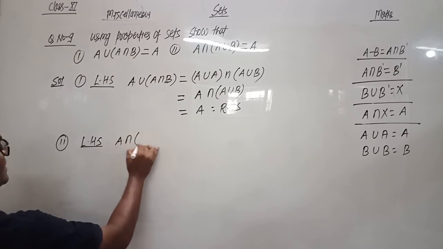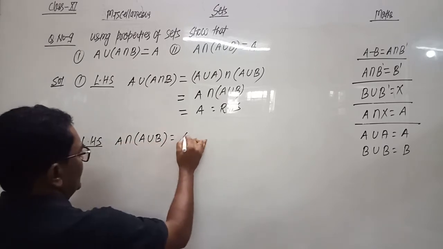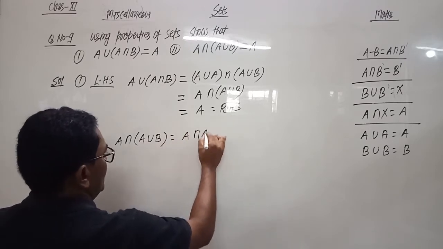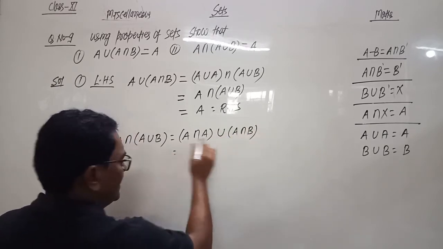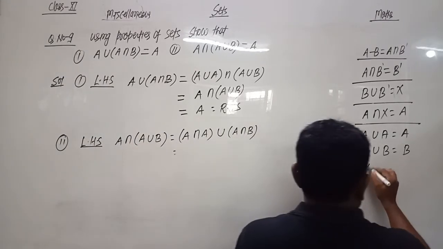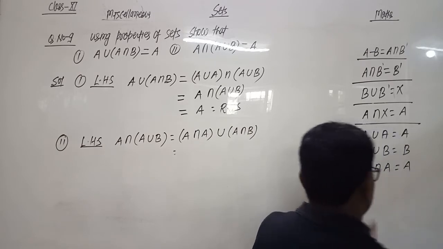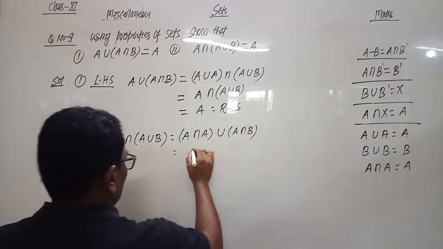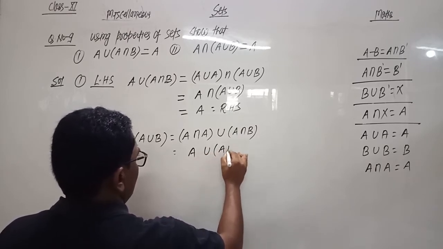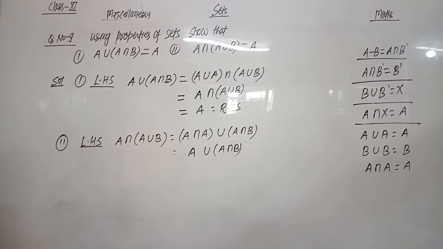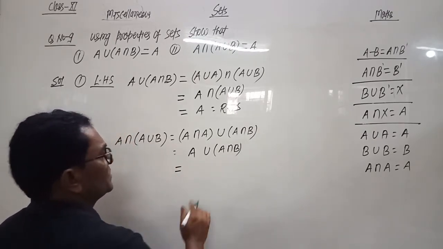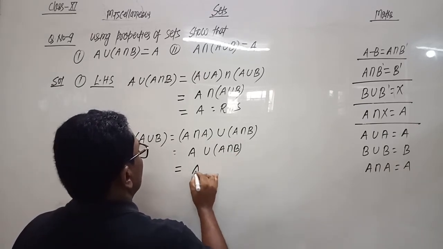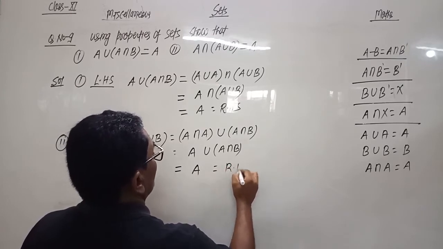So A intersection A union B can be written, by using distributive property, as A intersection A union A intersection B. And A intersection A is also A, because both have the same elements. So A union A intersection B is always equal to A. A union A intersection B is equal to A. So this is our RHS.